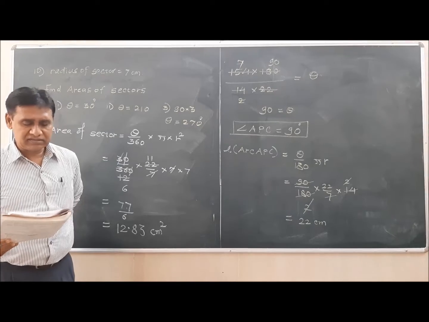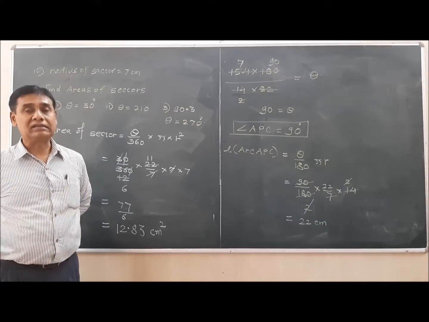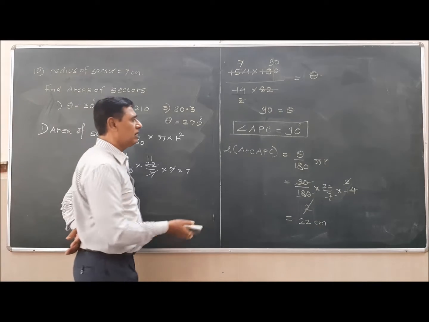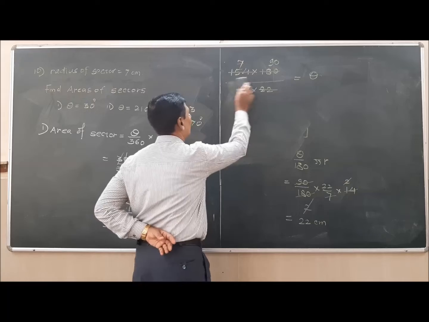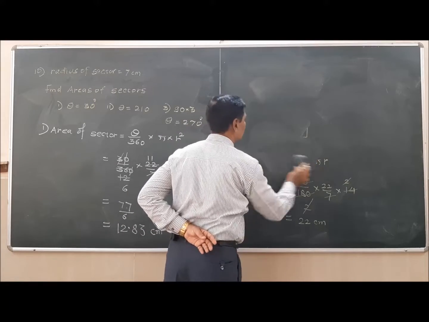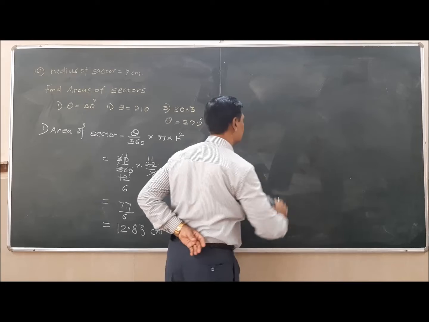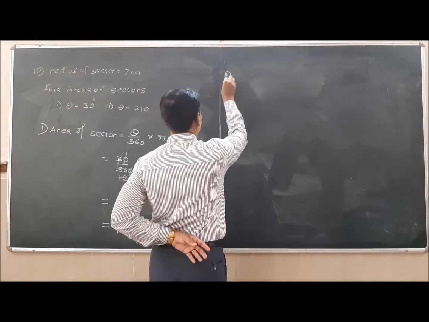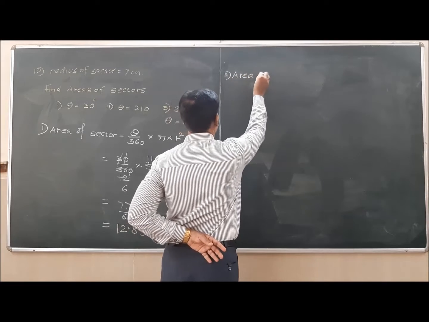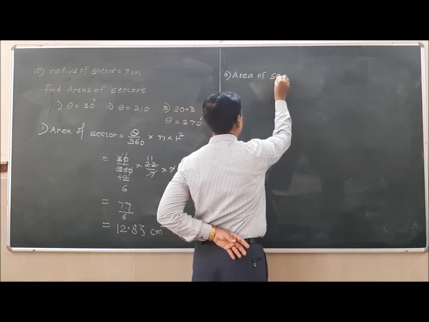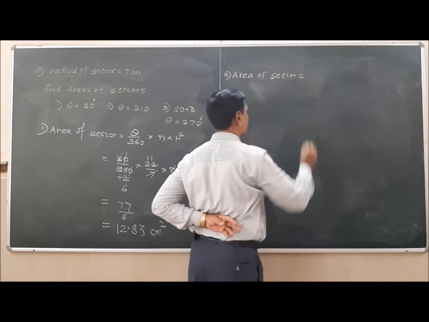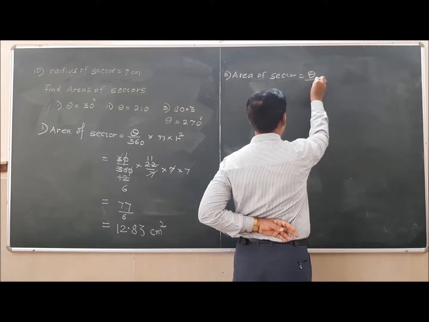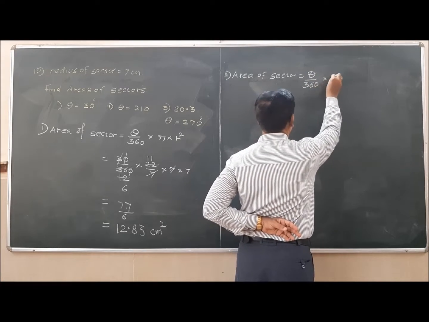Now in the second case, theta is given as 210 degree. The formula is the same as the first one only. Only we are going to change the value of central angle. Now the second one is area of sector. Area of sector is equal to, formula is the same, theta upon 360 pi r square.